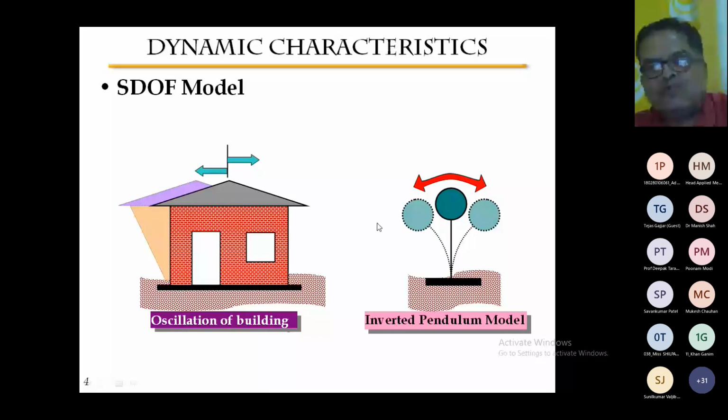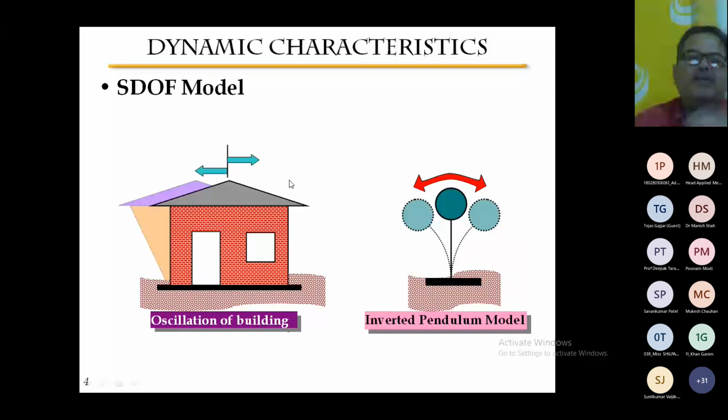So our building will behave like an inverted pendulum. What we assume here is that the mass is concentrated at the floor level. We know that mass is present everywhere, and if we consider mass is present everywhere, the inertia force will be produced everywhere. Then we have an infinite degree of freedom, and our matrix will be infinite by infinite.